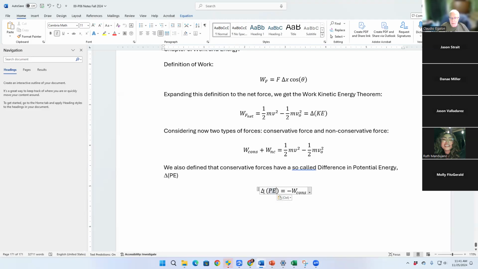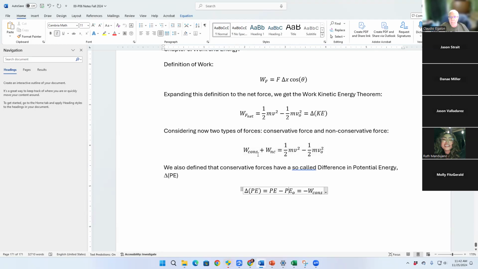So the difference in potential energy, which by the way is equal to the final potential energy minus the initial potential energy, is equal to minus the work done by the conservative force.